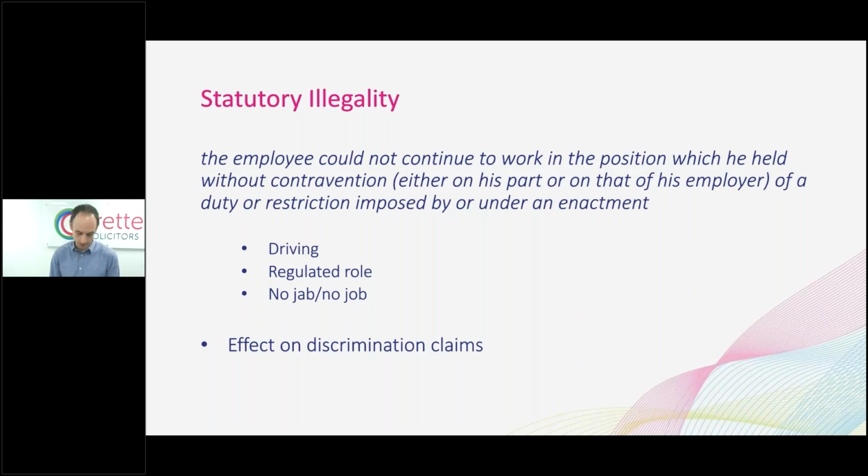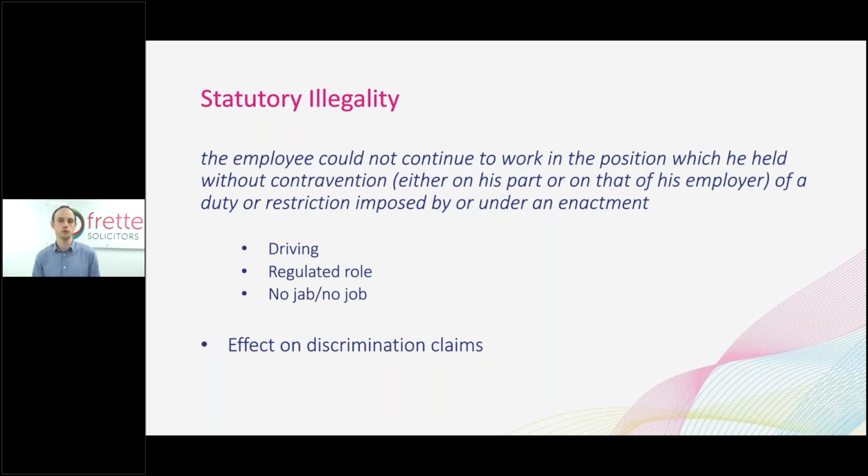There is also a line of thought that statutory illegality would bar an associated discrimination claim. The Supreme Court have said where there is no inextricable link, where there is an inextricable link, I should say, this is not the case. So, dismissing someone for not having a driving licence doesn't defeat a completely unassociated race claim. Of course it doesn't.